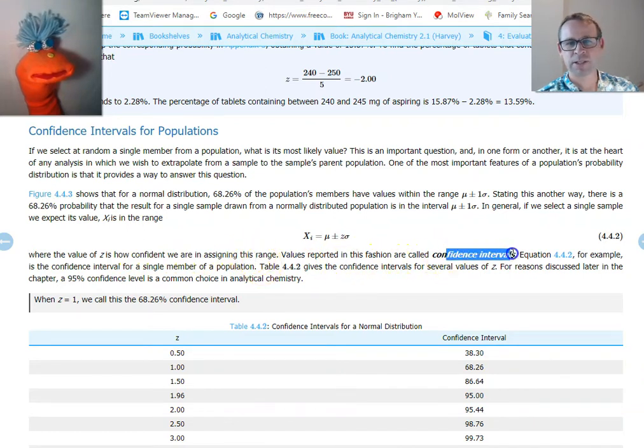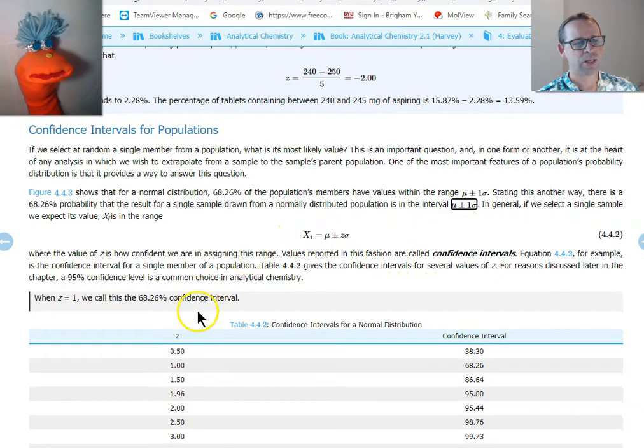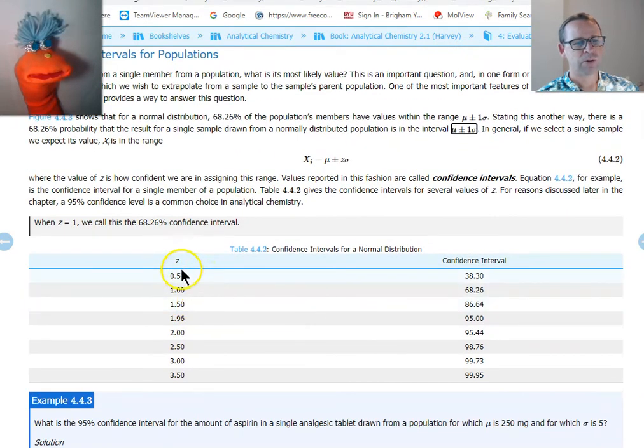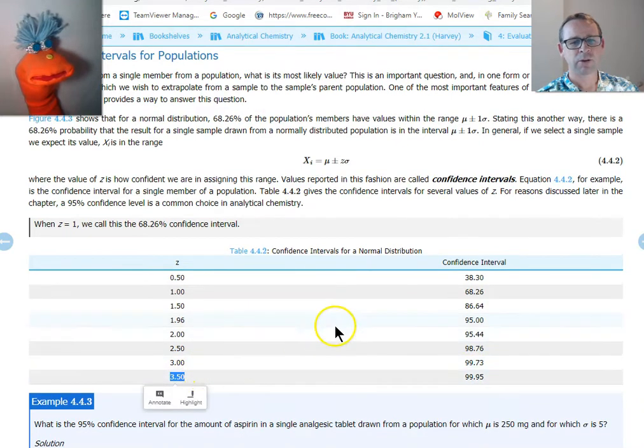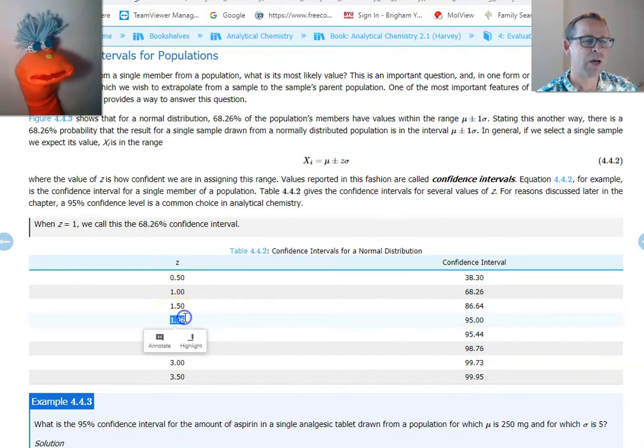Values reported in this fashion are called confidence intervals. So here's a table of confidence intervals. When we want to say we are 99.95% confident, our z value has to be 3.5. If we want to say we're at 95% confidence, which is usually where we express our confidence, our z value is 1.96.